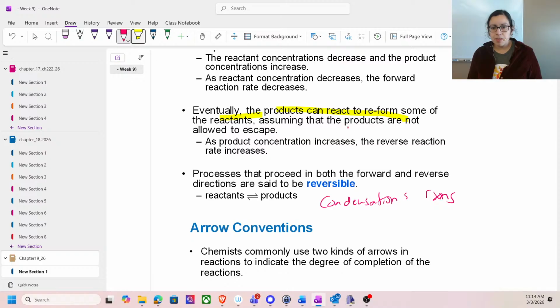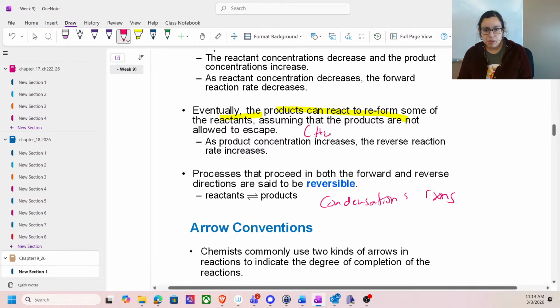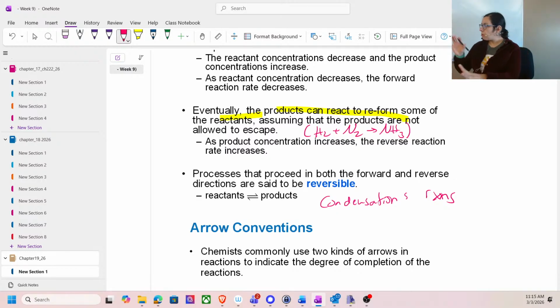That assuming that the products are not allowed to escape, you're just going to be stuck in this equilibrium. But then part of where you get into the design side of a reaction, or even the Haber-Bosch process of making ammonia, is how do we continue to drive that reaction forward?